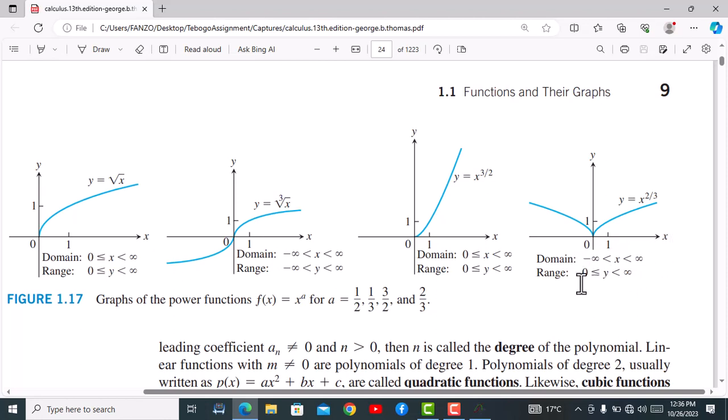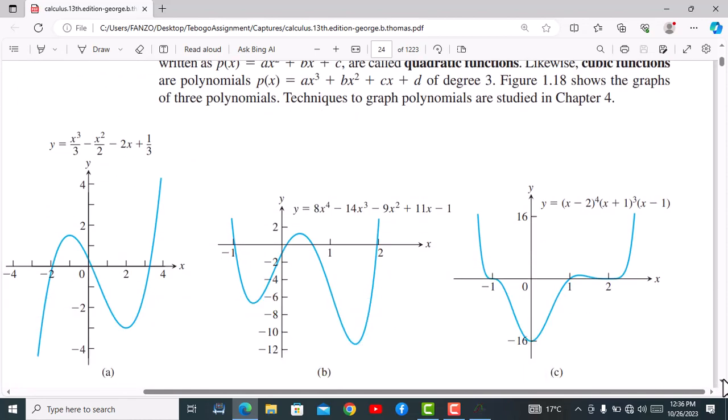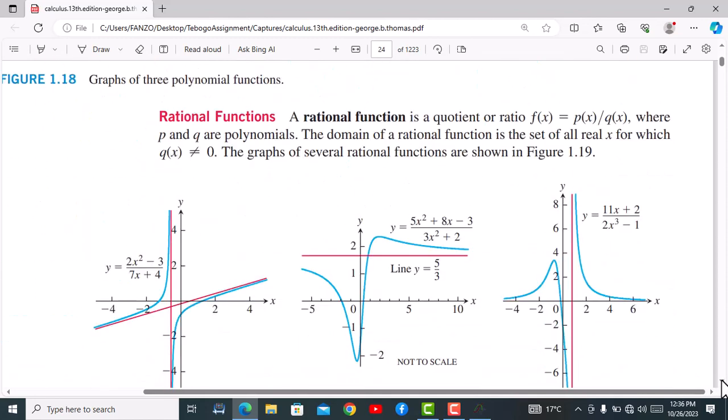And then we have the range, y should be greater than or equal to 0, and y should be less than infinity. We need to take note of these things. And then we have these polynomials, as many as they are, and we have them like that.